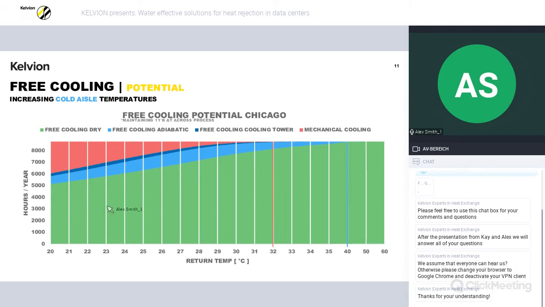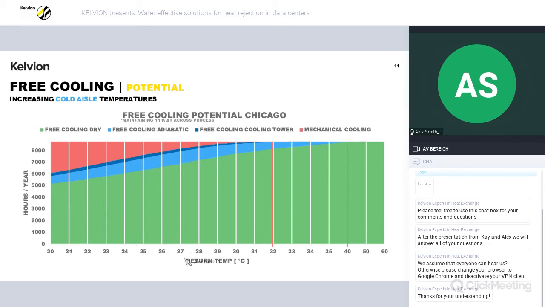Here you can see a graph where the green area shows the number of hours where a dry cooler is able to operate without the aid of a mechanical chiller. The light blue area is the same but for an adiabatic solution, and the dark blue little sliver here is for a cooling tower, with the red area showing the number of hours for mechanical compression cooling.